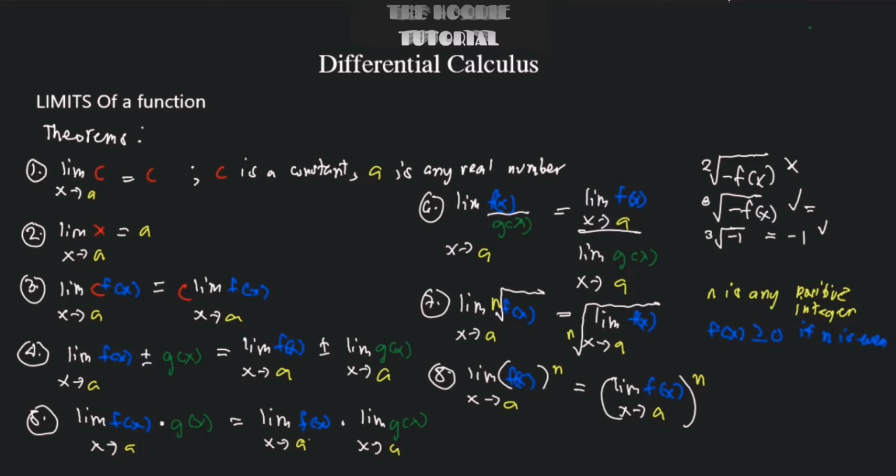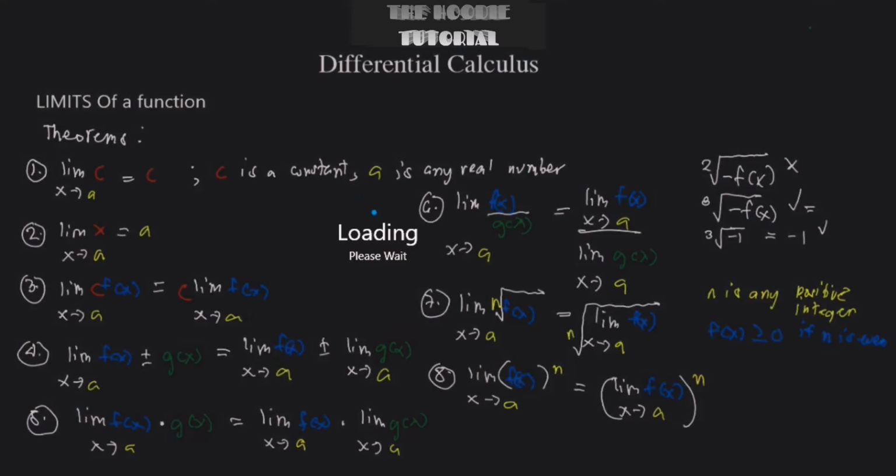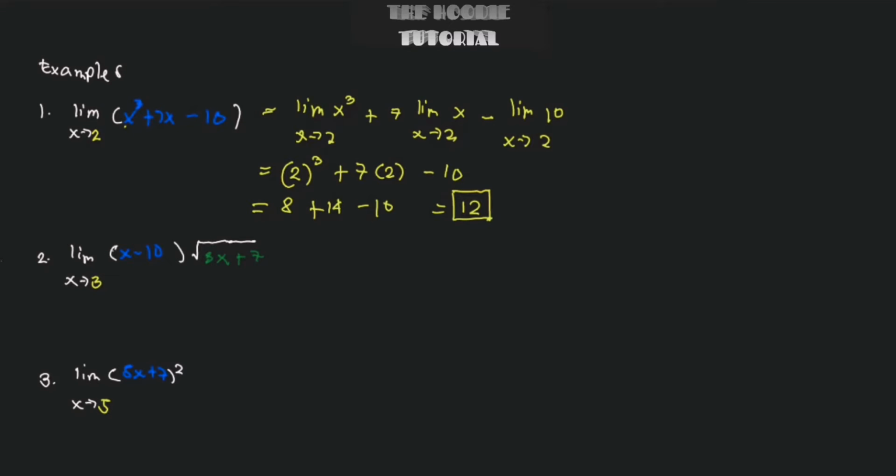So we just need to evaluate the limit of each function separately and then multiply them. So this is equal to the limit of the first function, x minus 10 as x approaches 3, multiplied by the limit, right here we need to write the function, radical 3x plus 7 as x approaches 3. The first one is under the sum and difference theorem, which is theorem number 4.